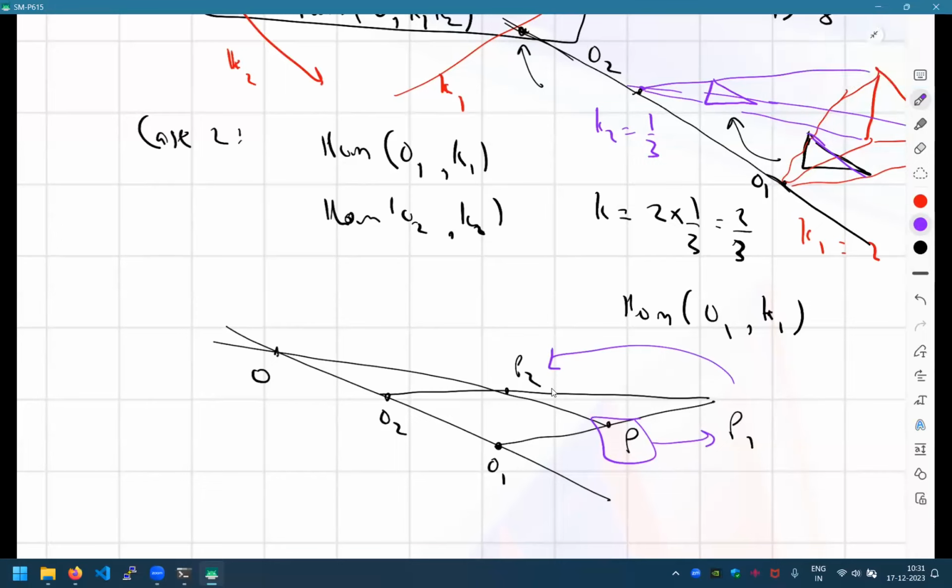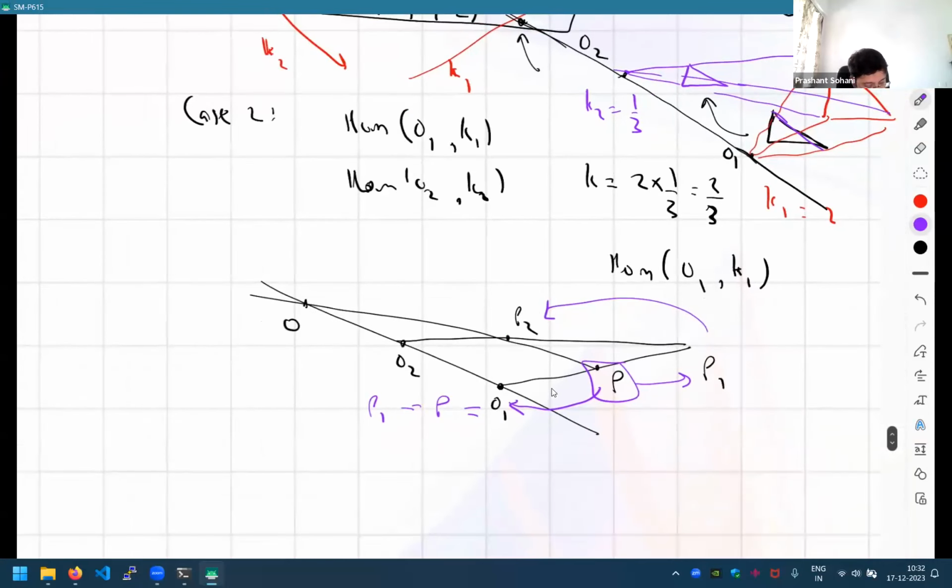Given any ratio, why don't I take the point P at O1 itself? Who stops me from doing that? If I take my point P at O1 only, then where will P1 go? It will be over O1 itself, right? Because the distance O1O1 is 0, and 0 into anything will be 0. So you see the first step of this chain is completely eliminated.